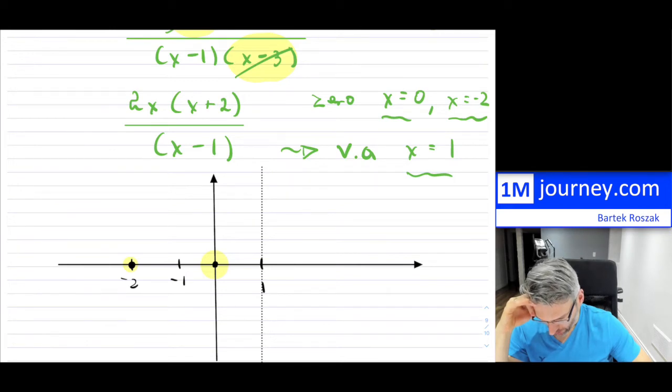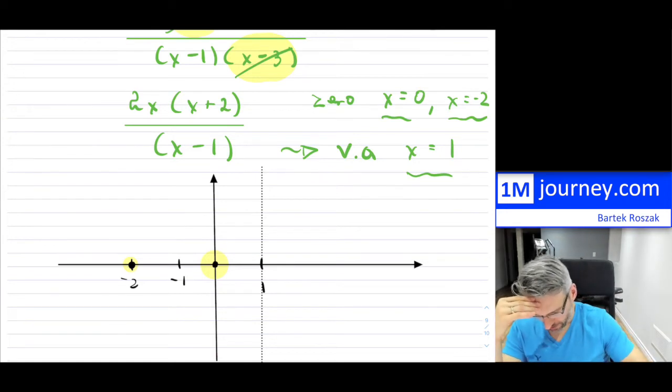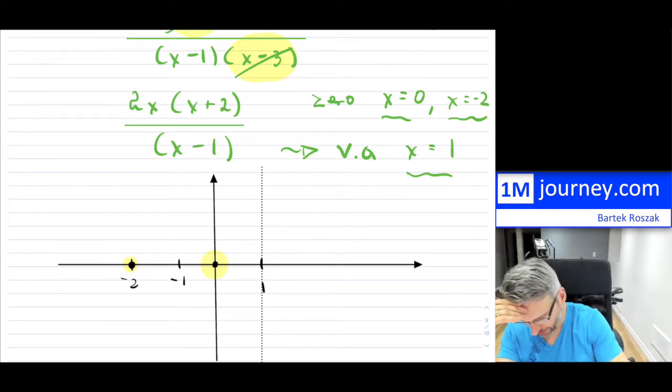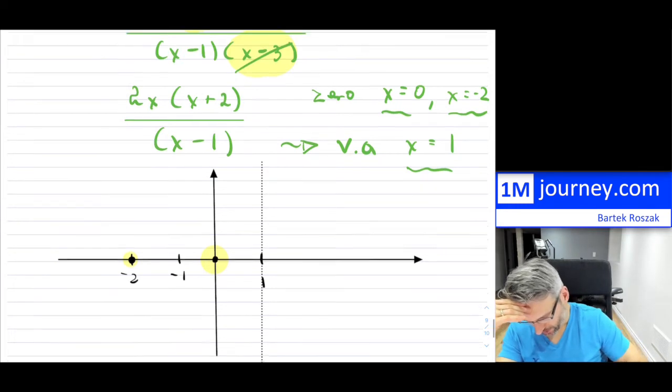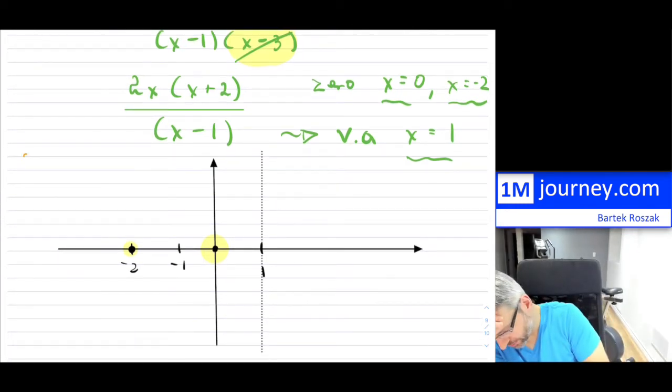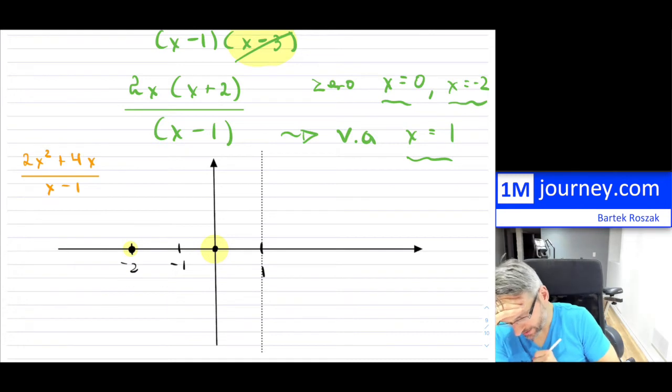And now we know we have a slant asymptote. As x gets bigger and bigger, here's our slant asymptote. That's going to be 2x squared plus 4x all over x minus 1.